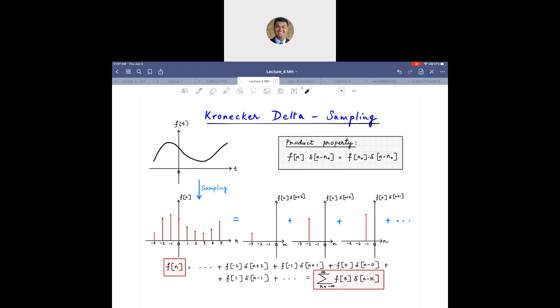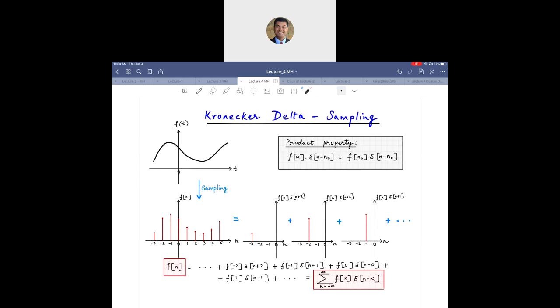Now, once we have this product, we can express this as a summation. But also note that there is a product property at play. Where is this product property coming from? It comes essentially from the discrete version of the product property of the impulse function, which was dealt with in continuous time earlier on.